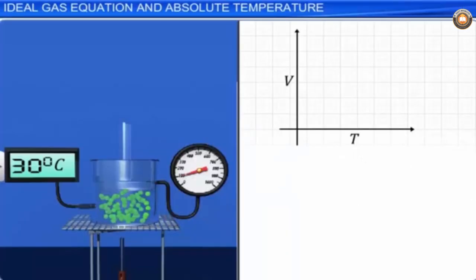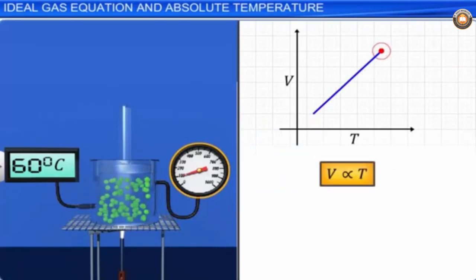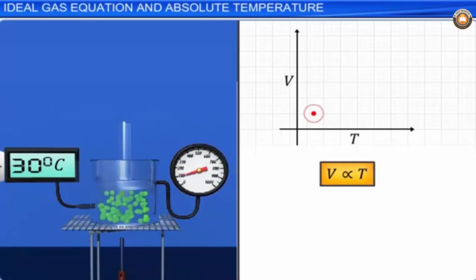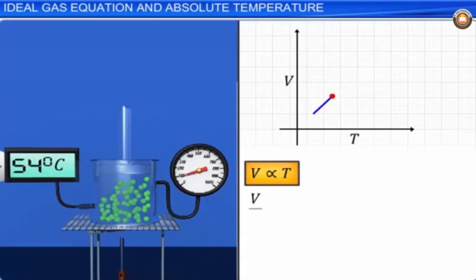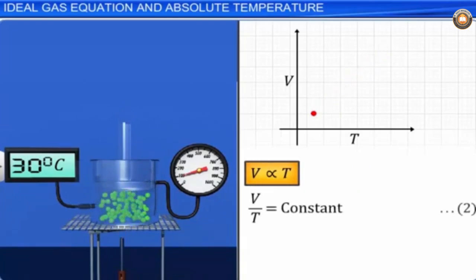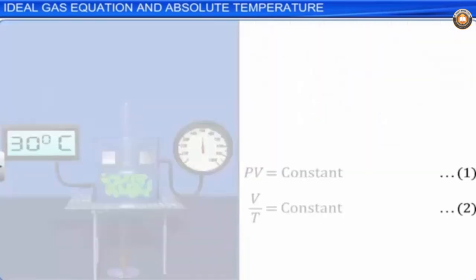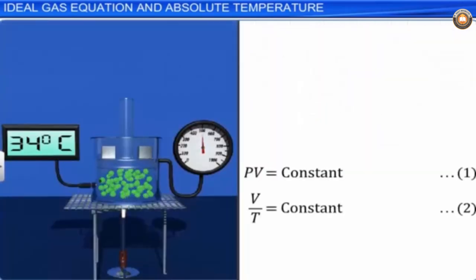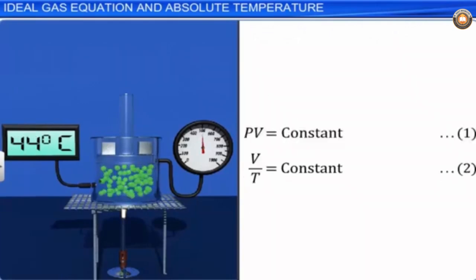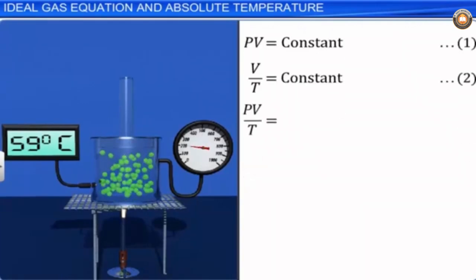According to Charles' law, at constant pressure, the volume of a given mass of gas is directly proportional to its temperature T. Therefore, V/T is constant. On combining equations 1 and 2, we get PV/T is equal to constant.